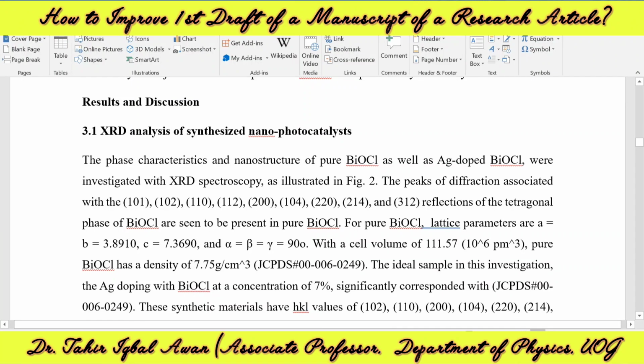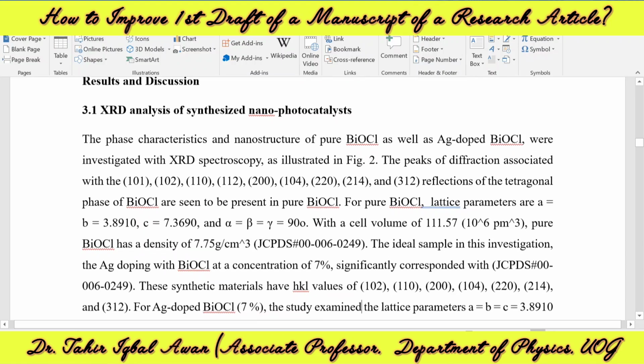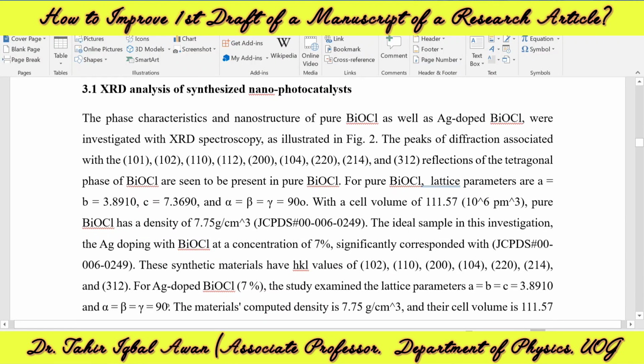And surprisingly, if I'm not wrong, oh no, that's fine. Figure 2 has been called in the text. That's absolutely fine. Another good suggestion: I think that should be in superscript. And over here, we should not write 10 to the power 6, and even in meter cube.